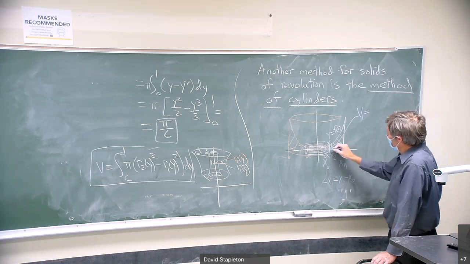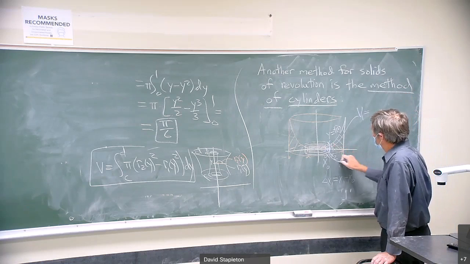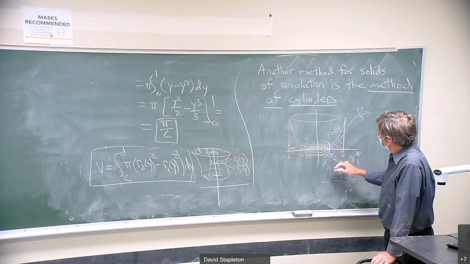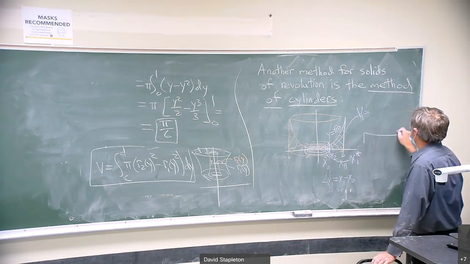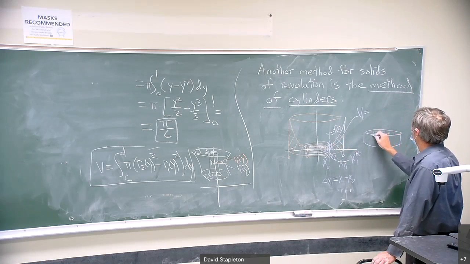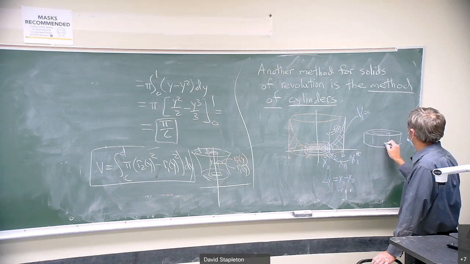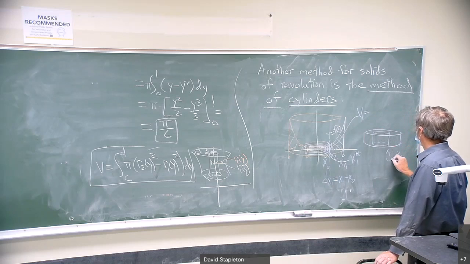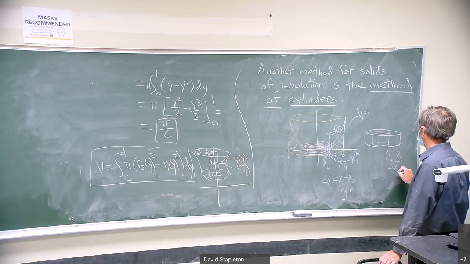I can take the height of the washer at an arbitrary point here, x1 star. Just to be clearer, the inside ring looks like this, and it goes from x1 to x2 with a width delta x1.